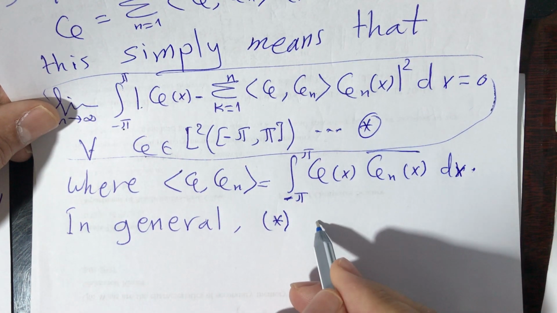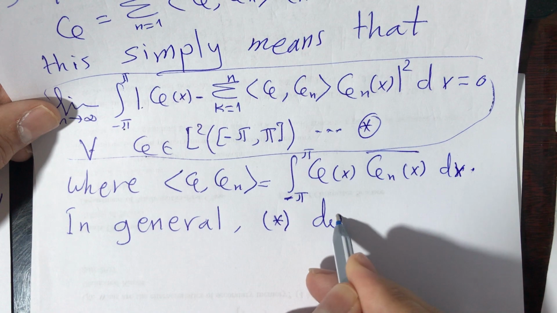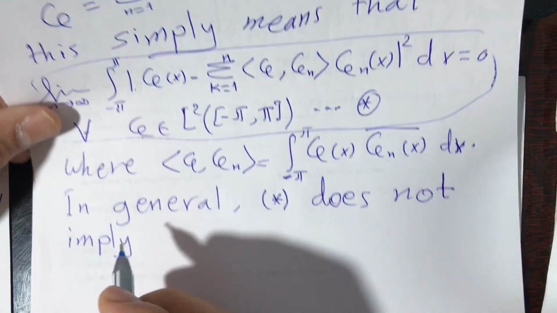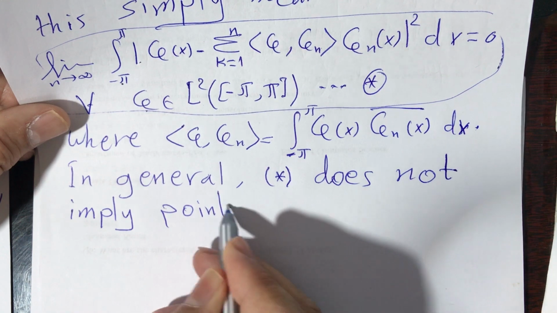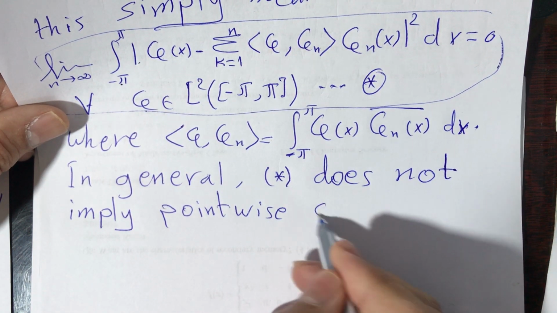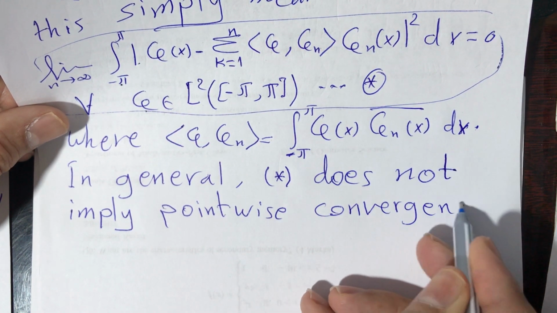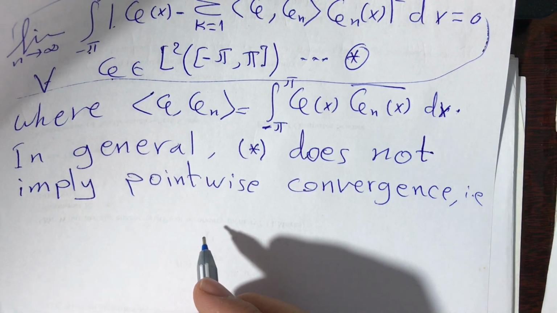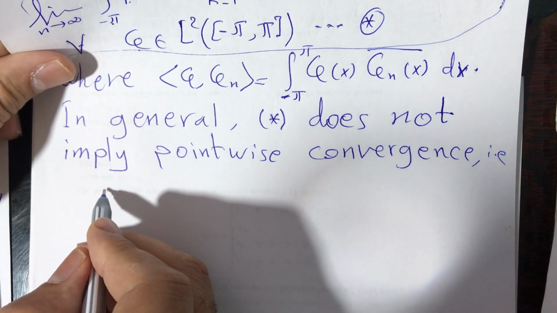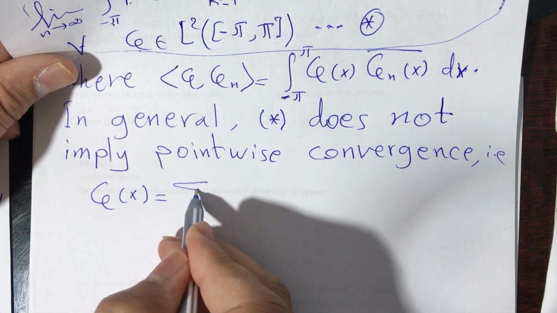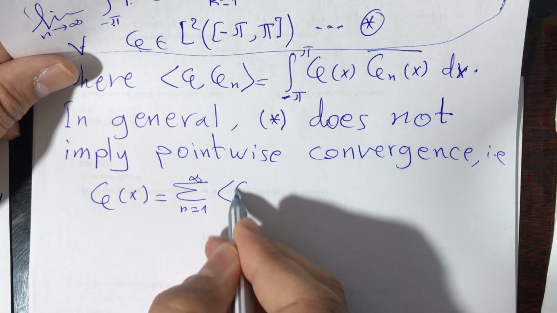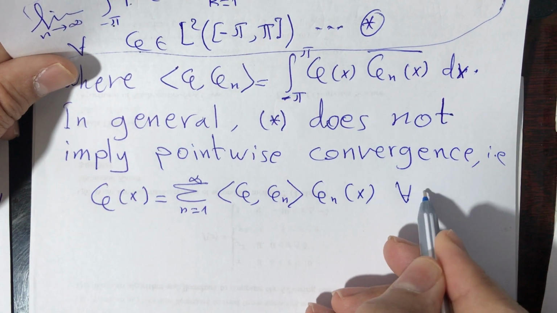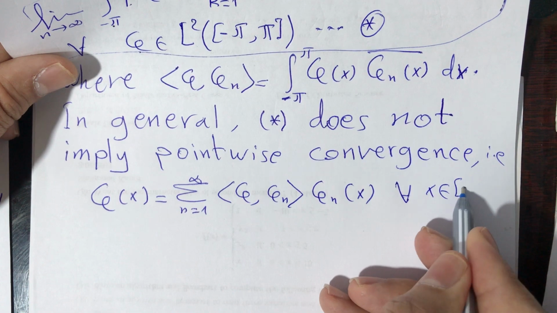This equality star does not imply pointwise convergence, i.e. phi of x is equal to the summation n from 1 to infinity of the inner product of phi and phi n times phi n of x for all x belongs to the closed interval minus pi to pi.